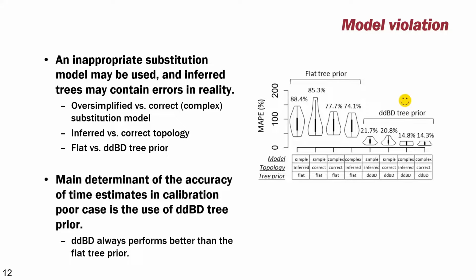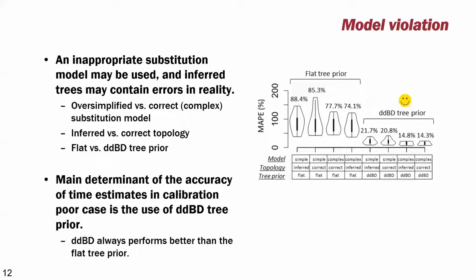Actually, the main determinant of the accuracy of time estimates is the tree prior, because the use of the data-driven tree prior always produces better time estimates than the flat tree prior. The mean absolute percent error is just much lower when the data-driven tree prior is used, no matter whether you're using inferred or correct tree topologies, simple or complex model.